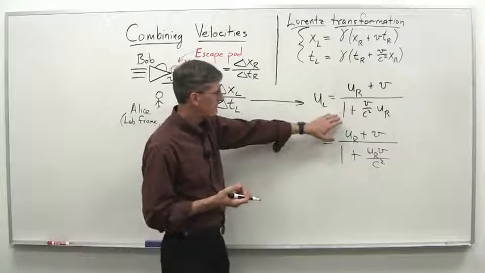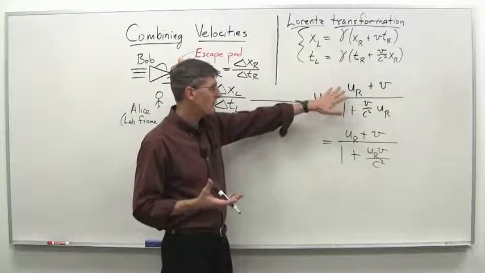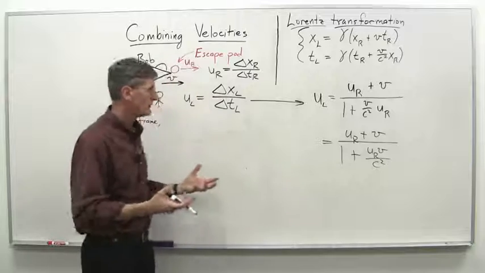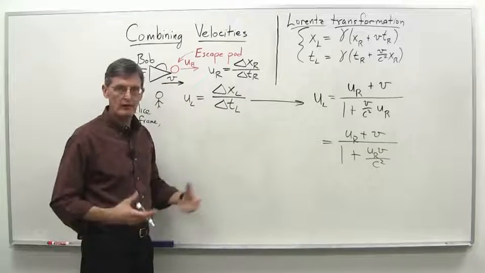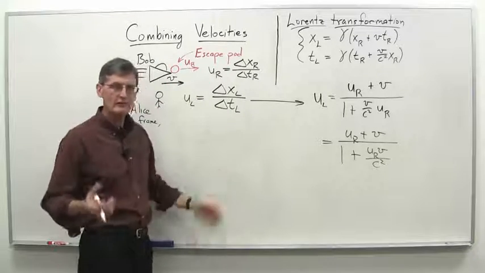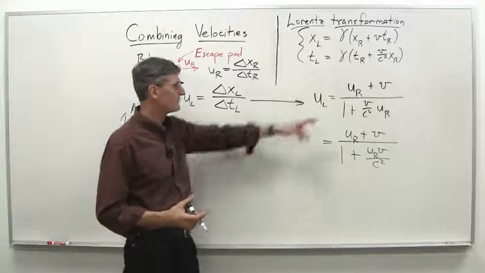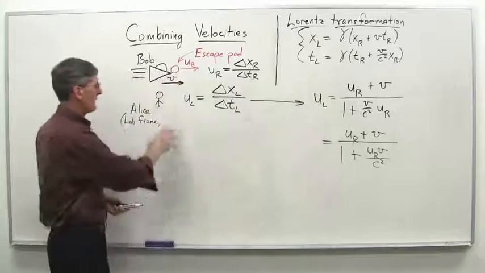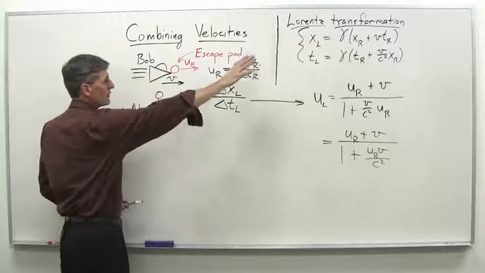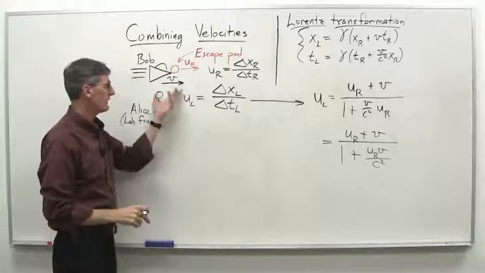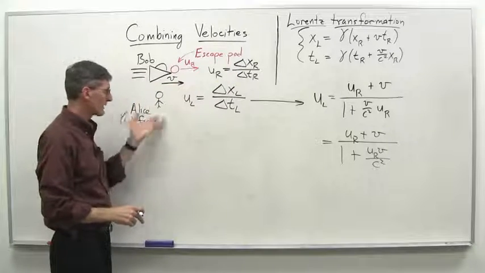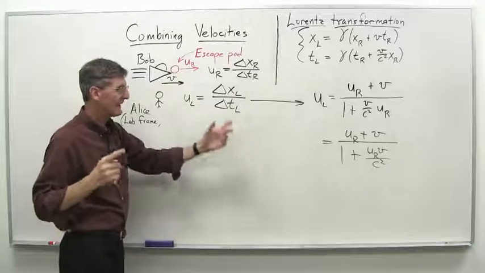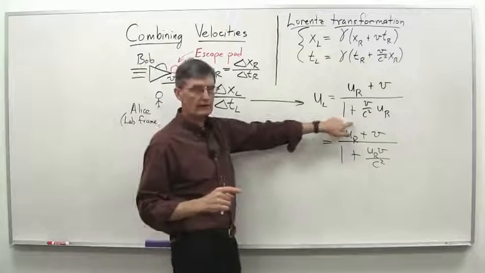On the top, the numerator, we have u sub r plus v. That's just what we did normally in everyday common sense experience, Galilean experience you could call it. You just add the velocities. Alice would say, okay, it's just going at u sub r for Bob, and then I'm just going to add the velocity to it, and that will give me the velocity that I see. Except we've got this denominator factor down here.